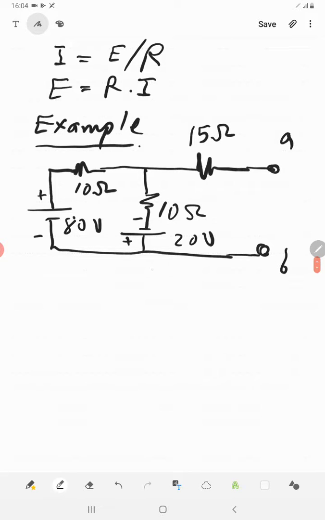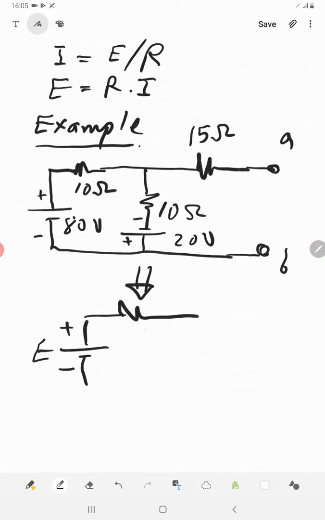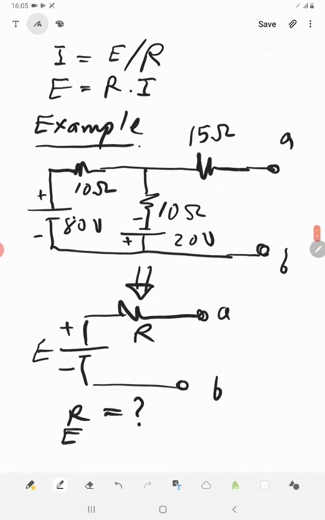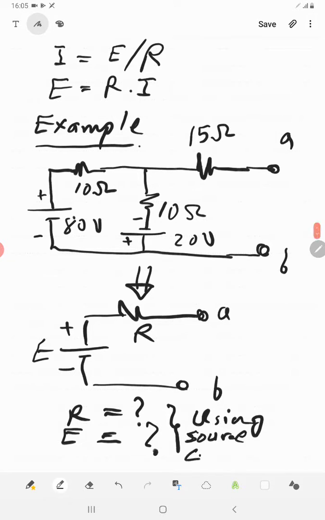Now we want to simplify the circuit to a single voltage source, plus minus E, in series with a resistance R, and we have the same nodes A and B. Find what is the value of R and what is the value of E using source conversion.